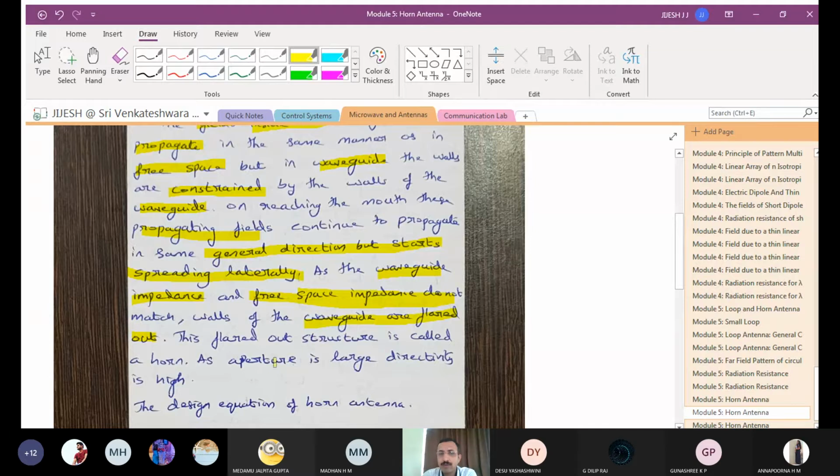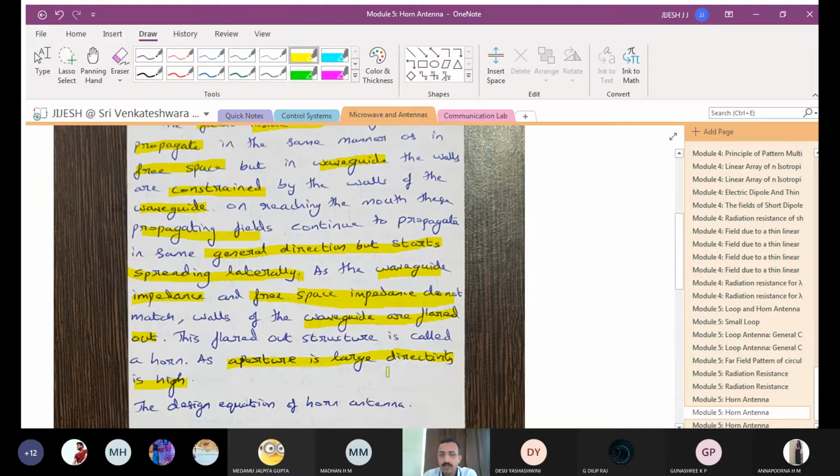If you talk about the aperture, which we have studied in the previous module, the aperture is large and the directivity is high. You have also seen the relationship of aperture and directivity in the previous module. If you have a large aperture, then the directivity is also high, and this flared out structure is called the horn antenna.